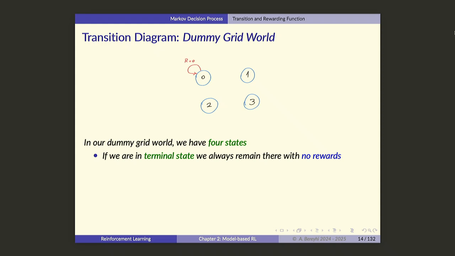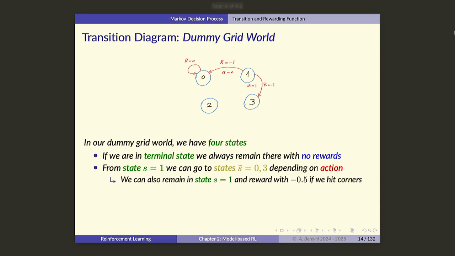What if I am at state 1? What's going to happen? When I'm in state 1, I can jump from 1 to 0 if I do action 0, and I collect reward -1. And one more thing I haven't shown: we should also have an inner loop.